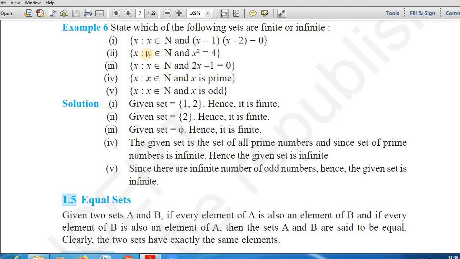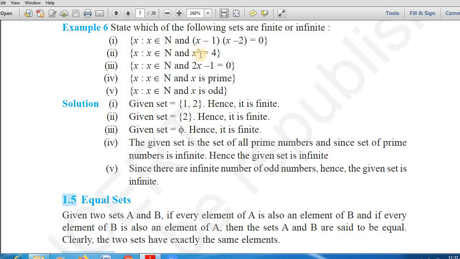In the second example, x squared equals 4 and x is a natural number. From this condition we get the values of x, 2 and minus 2. But from the first condition x must be natural. So both elements cannot be considered in this set, because x is natural, so minus 2 must be discarded.